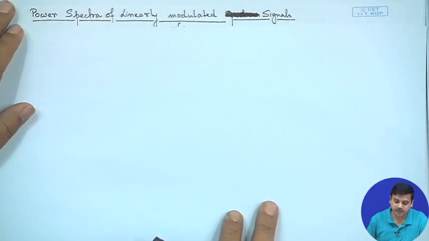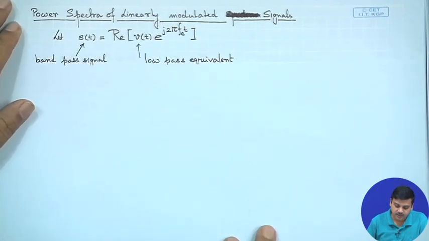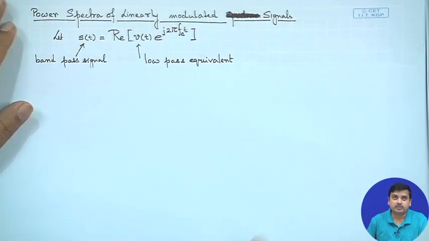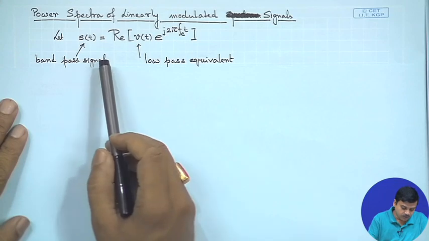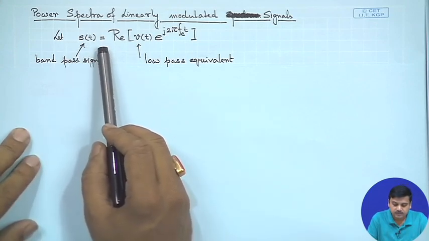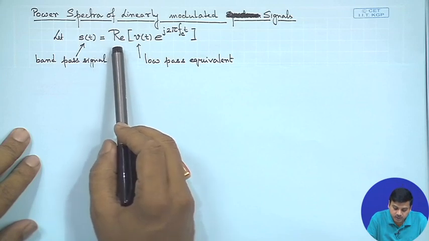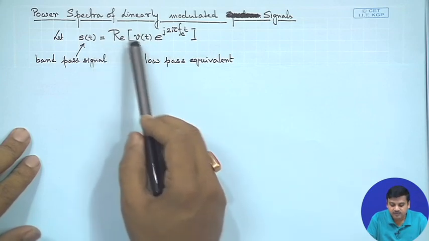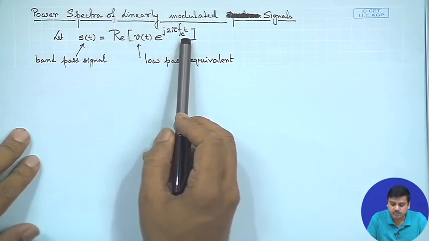So, initially we will begin with a linearly modulated signal, and our typical representation of a linearly modulated signal would be s(t) is equal to the real part of v(t) e to the power of j 2 pi f c t.